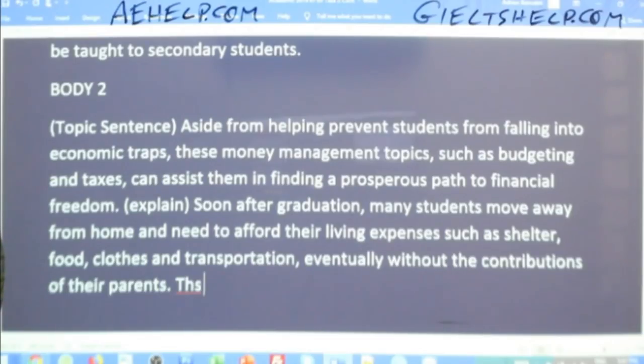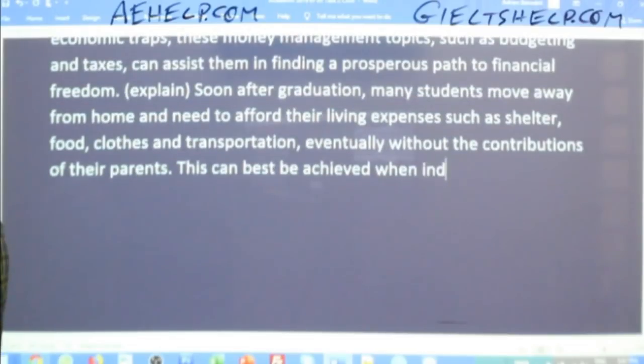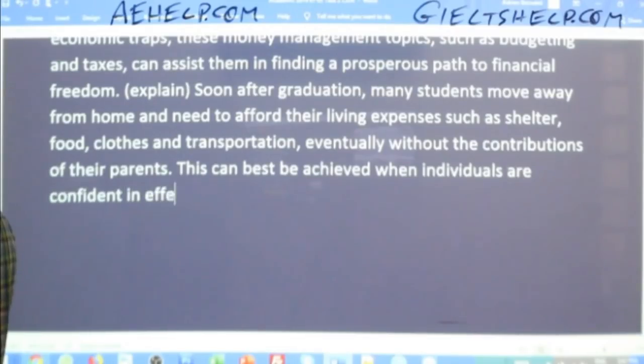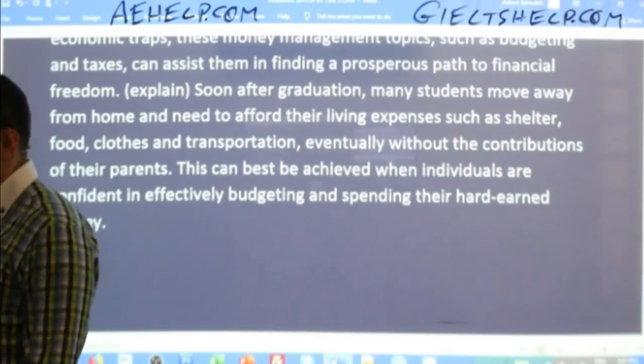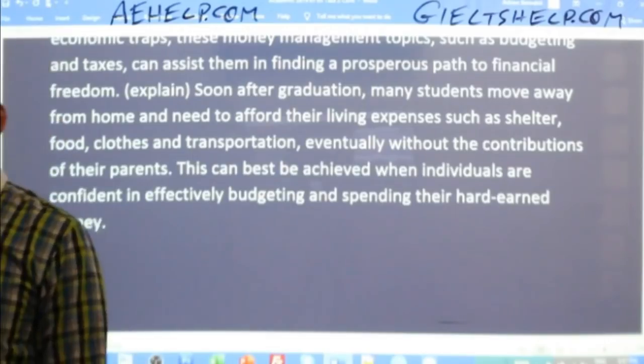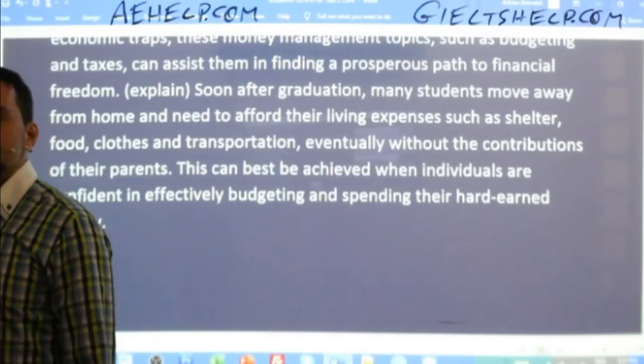This can best be achieved when individuals are confident in effectively budgeting and spending their hard-earned money. Okay, so that is my explanation.